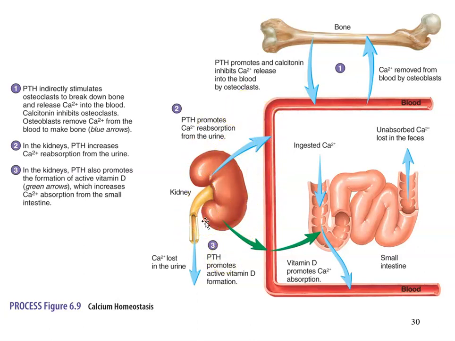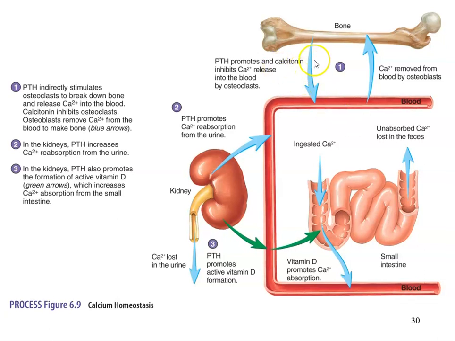PTH also stimulates the kidney to create more active vitamin D or calcitriol, which causes the small intestine to absorb more calcium from food. That calcium also goes into the blood to raise levels there. So in these 3 ways, we see more calcium in the blood, and blood levels can return back up to homeostasis.